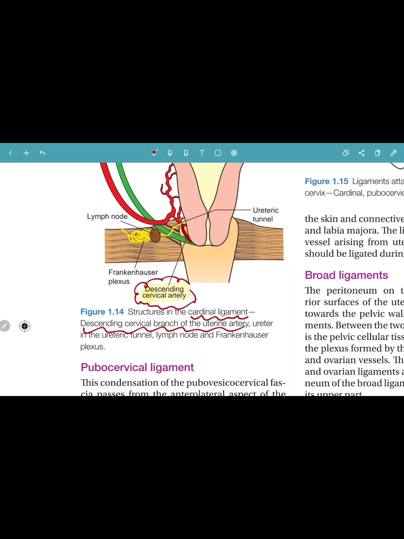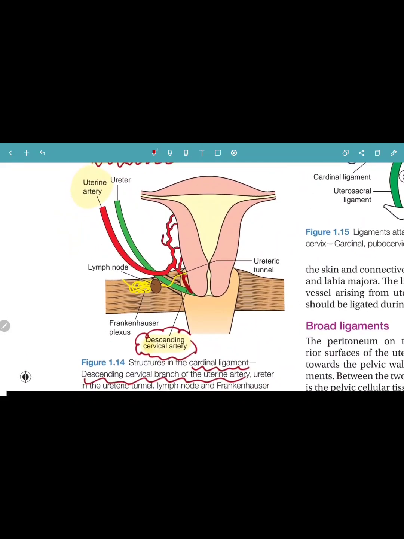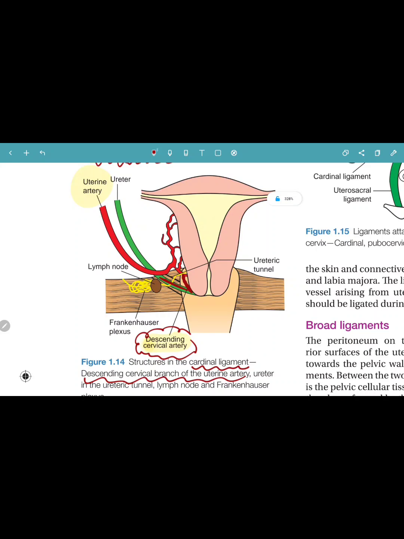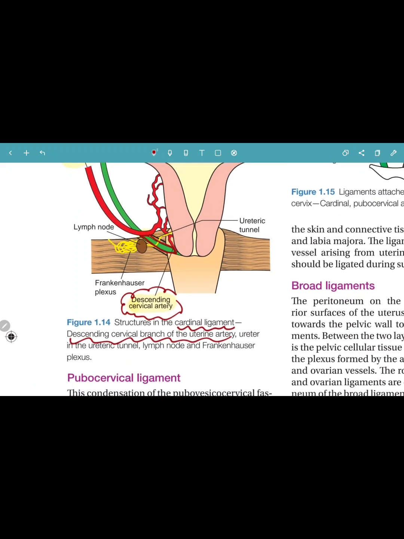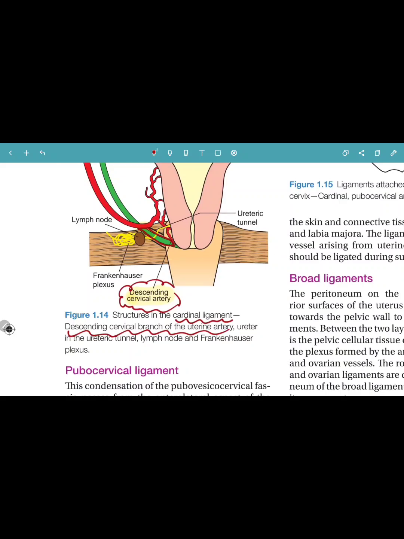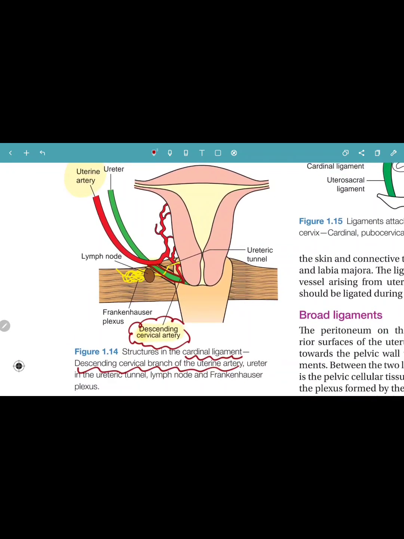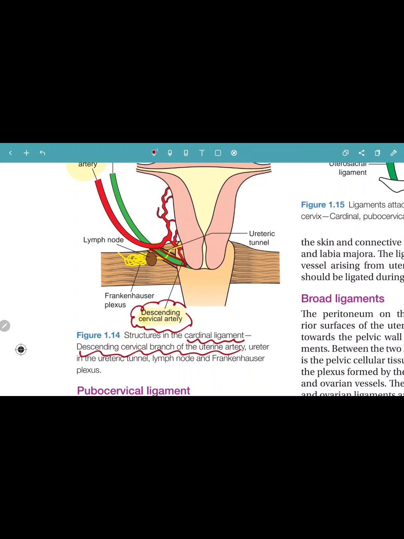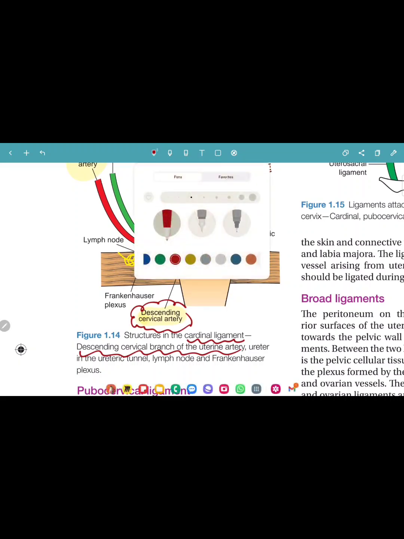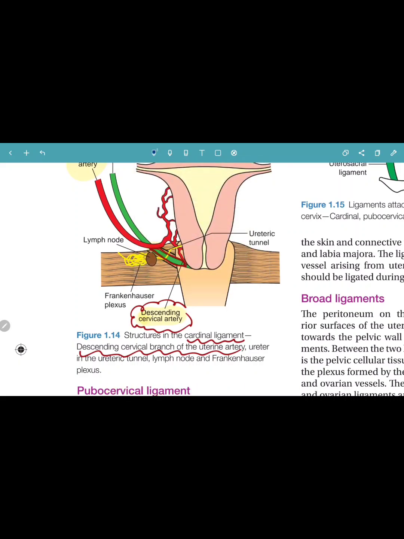And then you have the ureter over here, this region. And then you have your ureteric tunnel. If you see, there is a tunnel over here, and within this tunnel the ureter is entering.